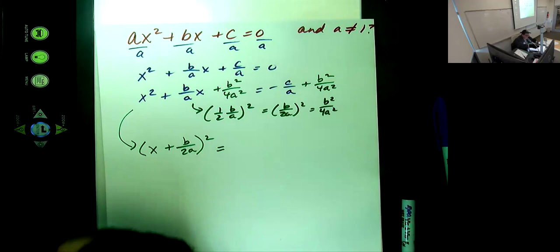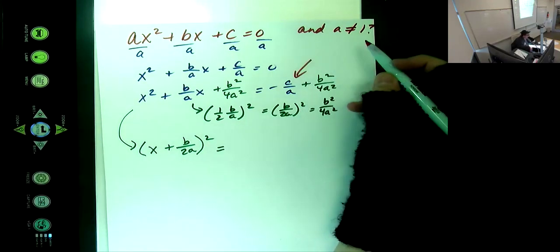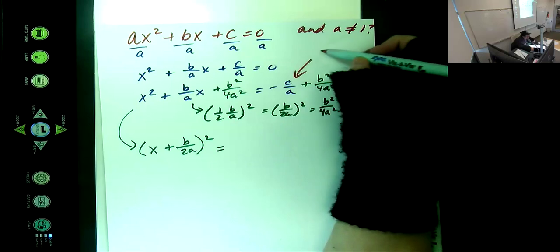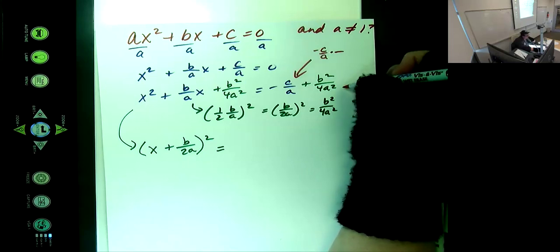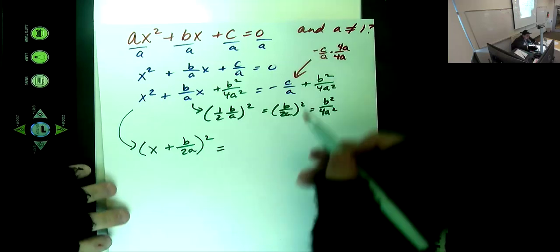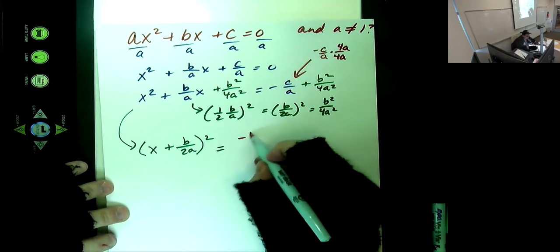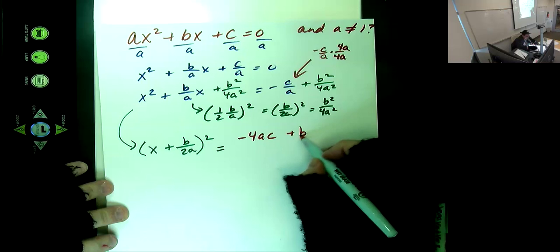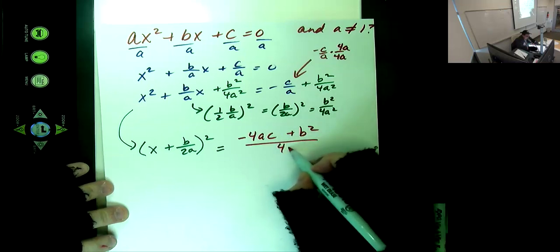What do I need to multiply this by so that I get a 4a squared on the bottom? It's already got one of the a's, what is it missing? It's missing a 4a, right? So this would be negative 4ac plus b squared over 4a squared.